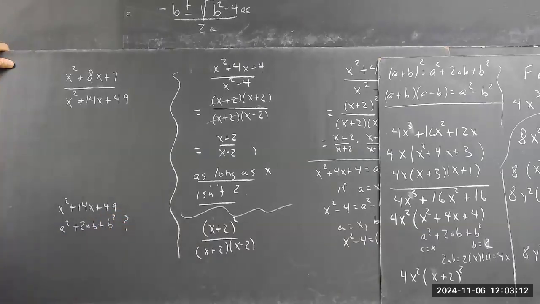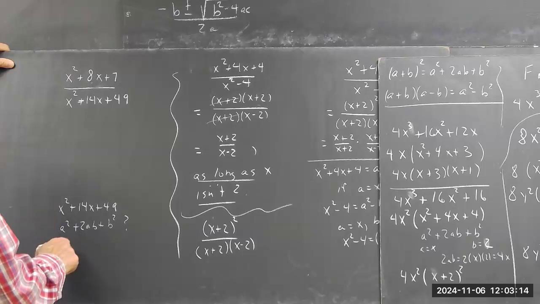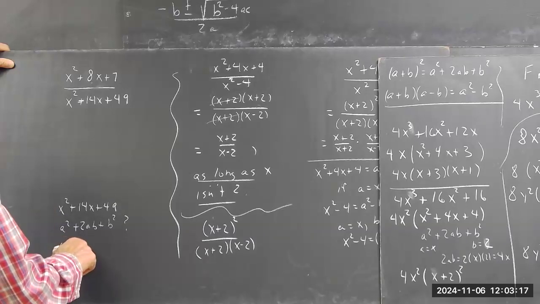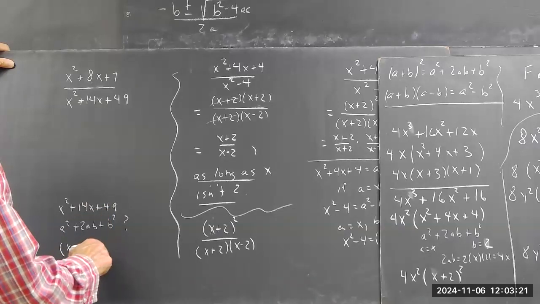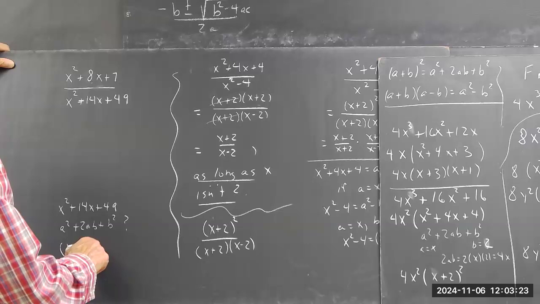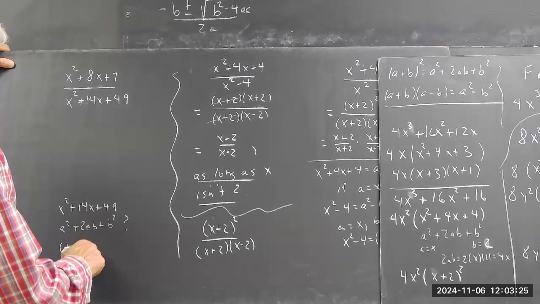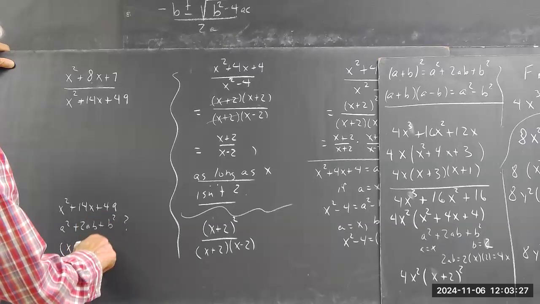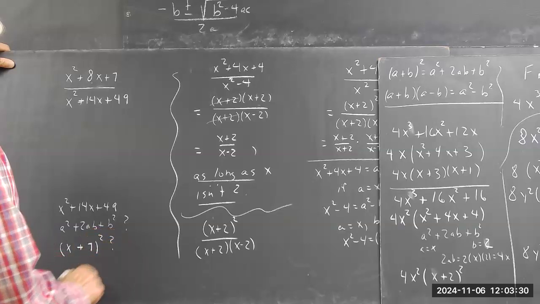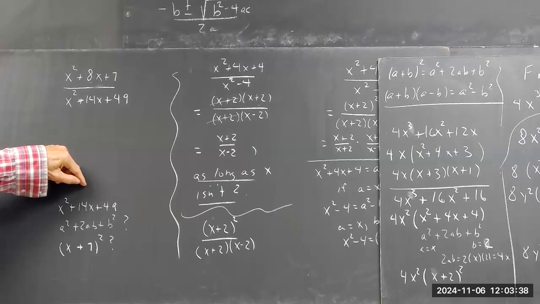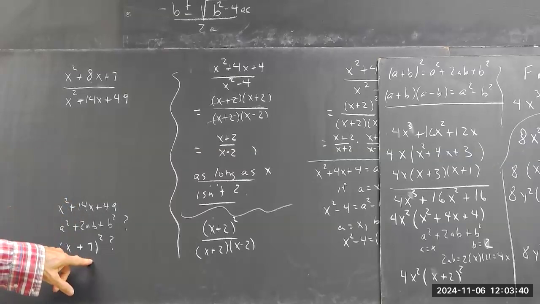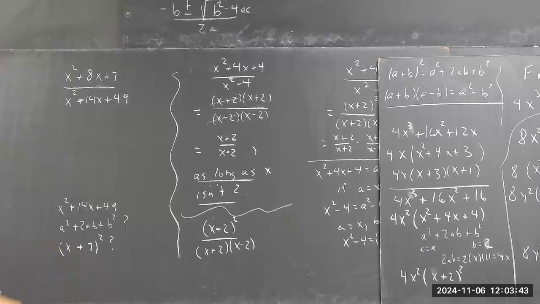Well, if it is, a would have to be x, and b would have to be 7. Now, is that the case? Well, if you square this, you're going to get the 14x, and it works. Now, if I had 15x or 13x here, it wouldn't work because we're squaring x plus 7.